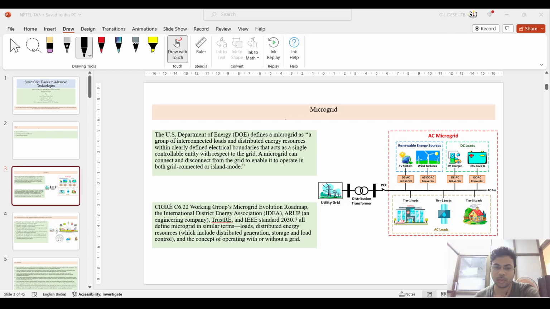By opening your mic you can tell me, or write in the chat box whether my screen is visible perfectly or not.